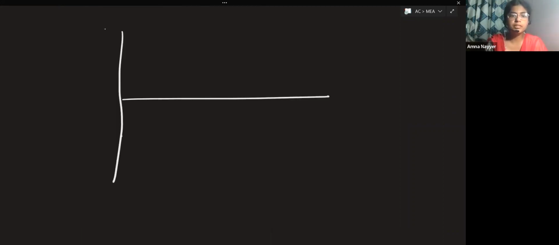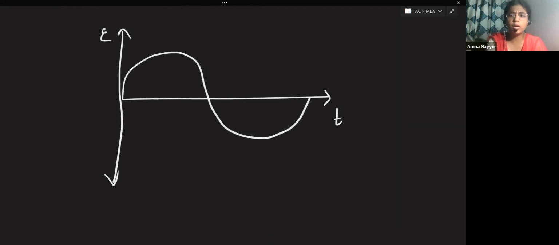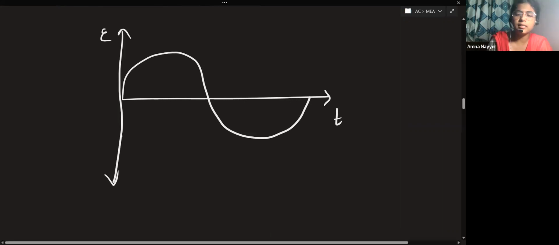Even the graph of EMF versus time varies like this. This is for all the students who are having maths; you people already know the sine graph. If it is a cos graph, it starts from here. All these things we'll see in the next class.